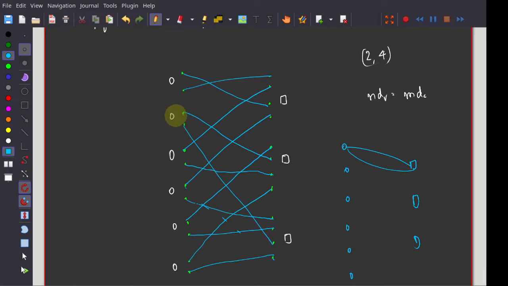So let us take variable node number 2. This goes to check node 2, and another goes to check node 2. The other goes to the third variable node. There's one which goes to check node 1. The second goes to check node. The fourth variable node, one goes to check node 1. The second goes to check node 3.